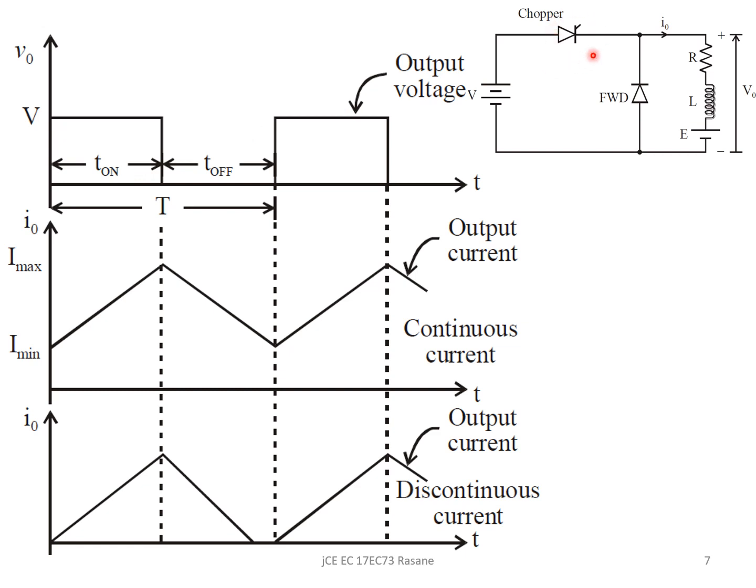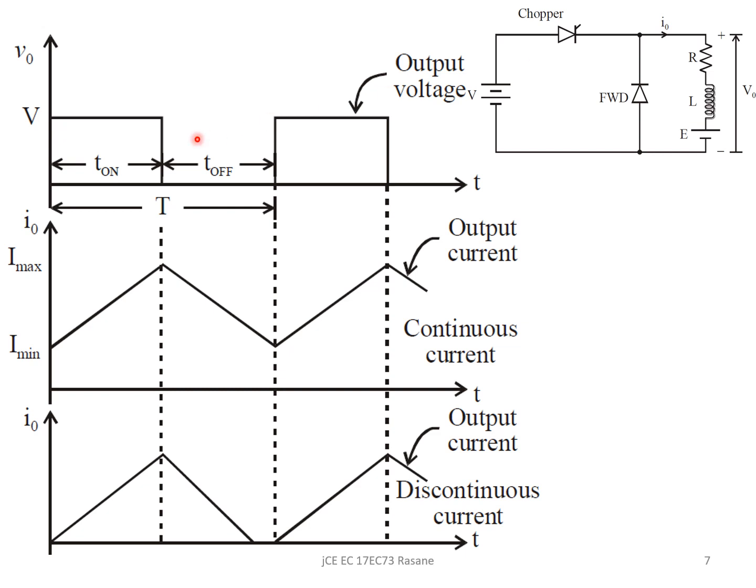How does the chopper turn off? Even if the input is DC here, remember, the chopper cannot be naturally commuted. We have done commutation circuits in our first module, where we know that if the input is DC, the thyristor cannot do natural commutation, and hence we have to use some commutation technique to turn it off whenever we want.